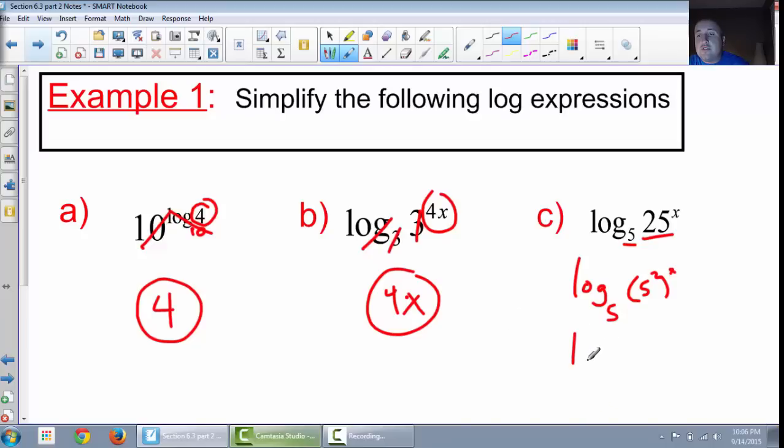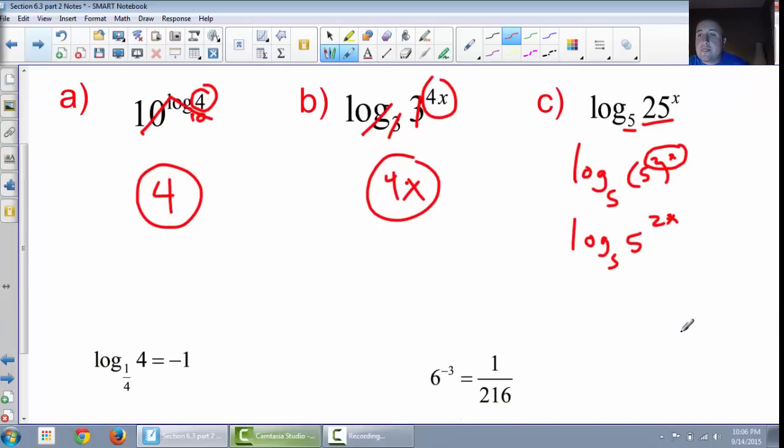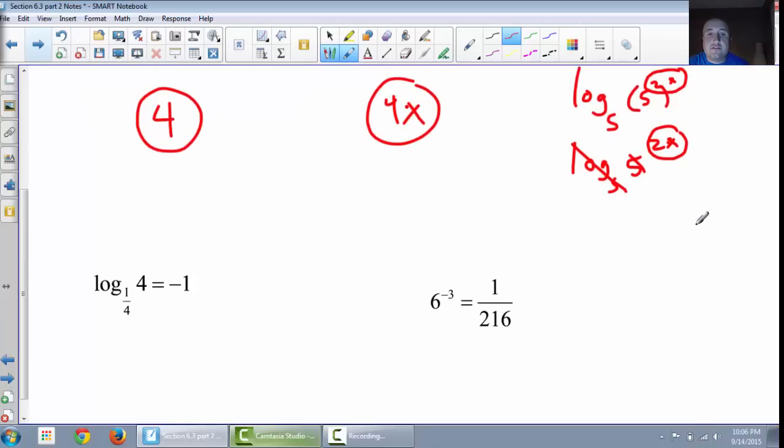So I have log base 5. Power to a power says I multiply my exponents. So I have 5 to the 2x. All right, so what's left over now? What cancels? The log base 5 of 5 cancels, and I'm left with my answer of 2x.